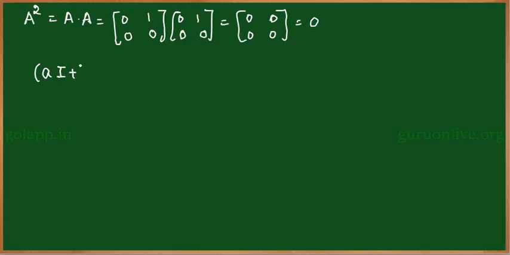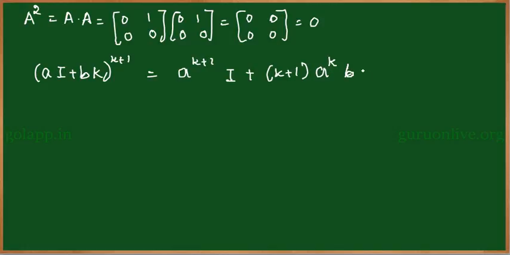(aI + bA)^(k+1) is equal to a^(k+1) I plus (k+1) a^k bA into I. A matrix into the identity matrix results in the same matrix, plus 0. So the 0 is neglected. This is our RHS.